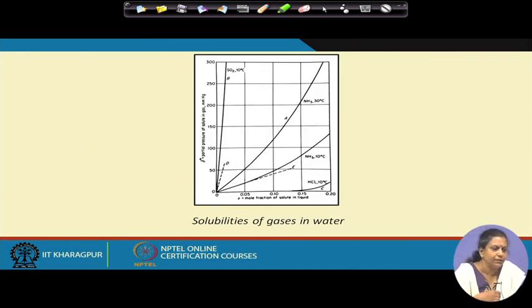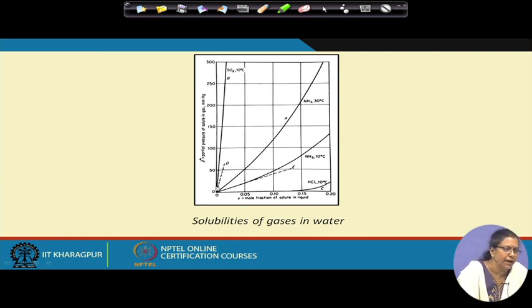And this is a typical solubility curve for gases in water. Here the coordinates are partial pressure of solute in gas as a function of the mole fraction of the solute in liquid, and the steepness of the curves denotes the extent of solubility.